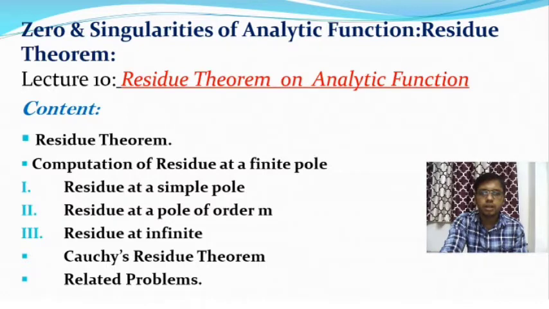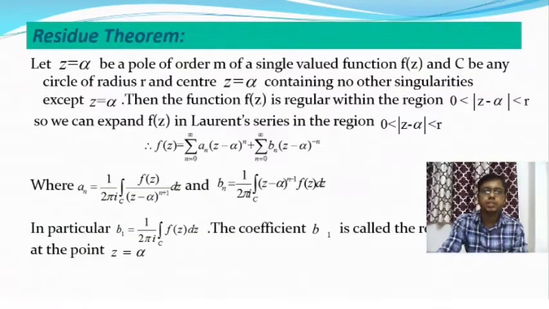First of all, we'll begin with the statement of the residue theorem. Let z equals alpha be a pole of order n of a single valued function f of z, and let C be any circle of radius r with center at the point z equals alpha, containing no other singularities except z equals alpha. A Laurent series is the summation over n equals 0 to infinity of a_n into (z minus alpha) to the power n, plus the summation over n equals 1 to infinity of b_n into (z minus alpha) to the power minus n.